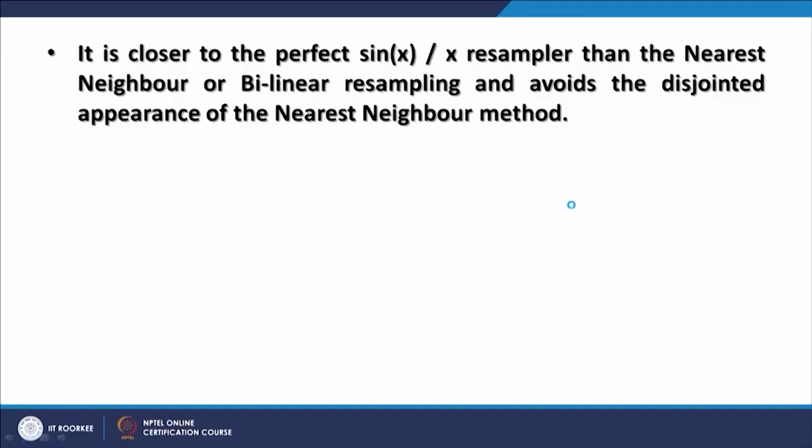What are the advantages? It is closer to the perfect sin x over x resampler than nearest neighbor or bilinear sampling, and avoids the disjointed appearance of nearest neighbor. This jagged or disjointed appearance, which might be possible in coarse resolution images subjected to nearest neighbor, will not be seen in cubic convolution.